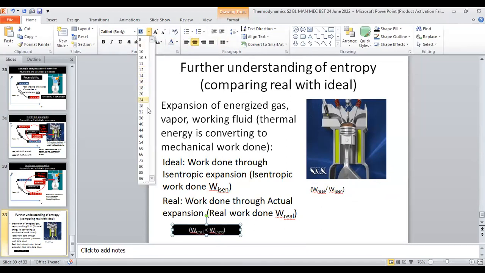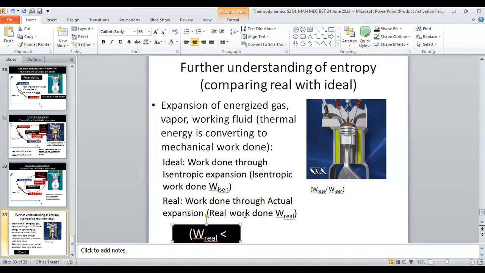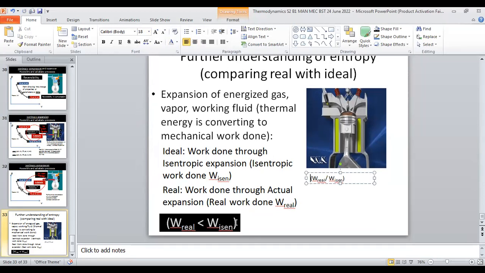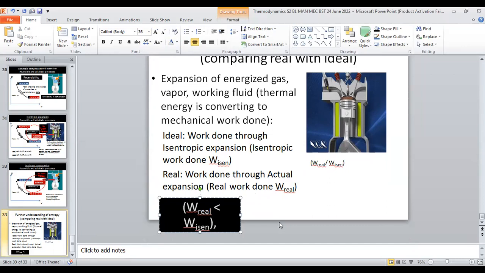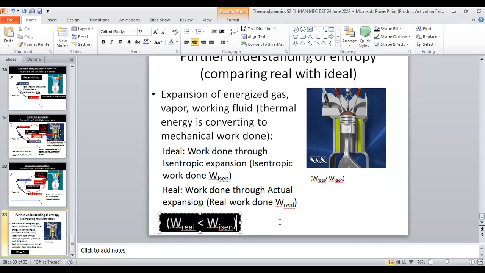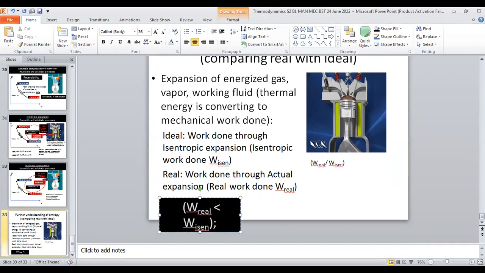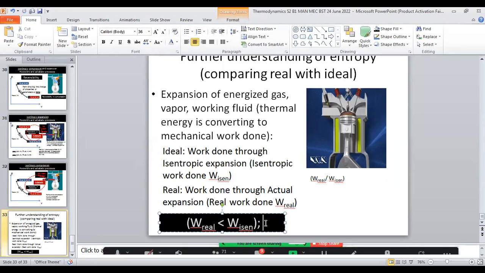Very close to ideal? Yes, it is better. So the point of interest is not this, but to know how close real is to ideal. That's the important thing.